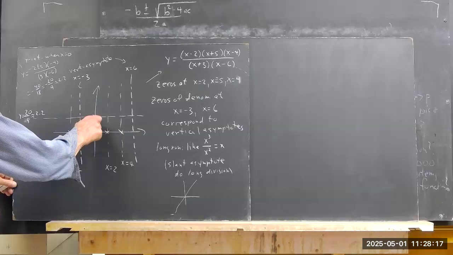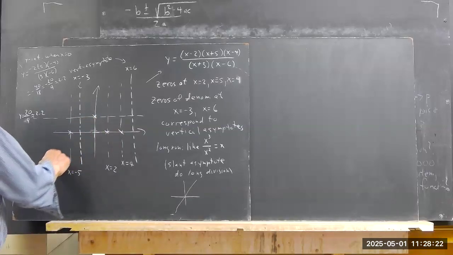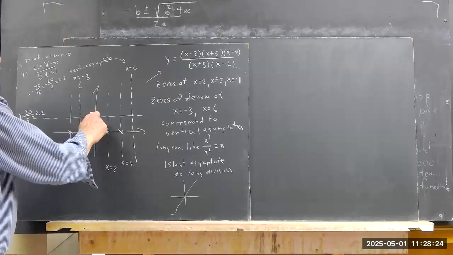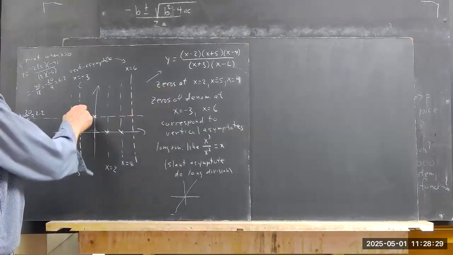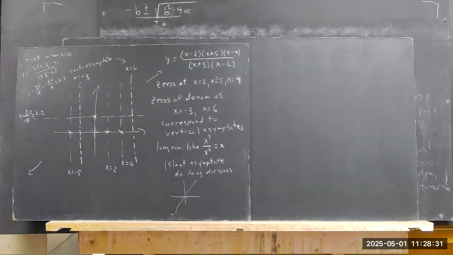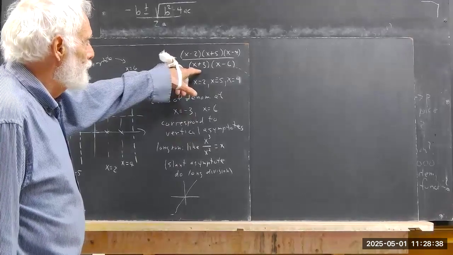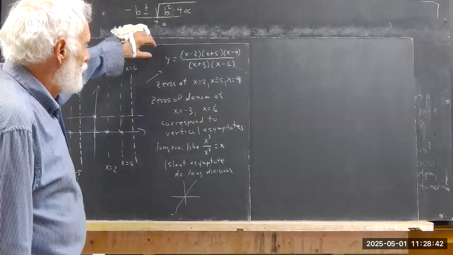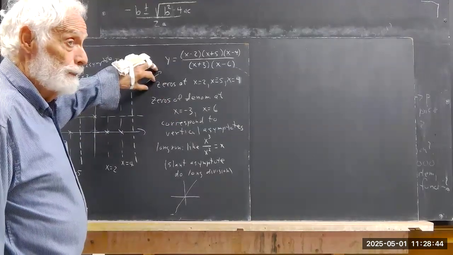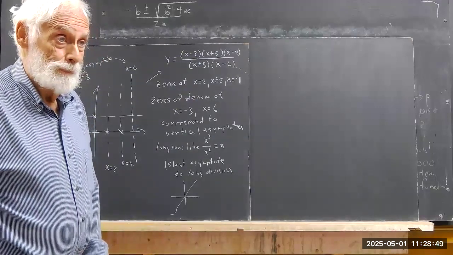Okay, so anyhow, we got to go through this point, this point, this point, this point. We got to start down here, get up through this point, come down through this point, come up here and go out this way, right? Except we've got these asymptotes. And at the asymptotes, well, at x equals -3, this thing is a lot like 1 over x plus 3 multiplied by all the rest of this stuff.